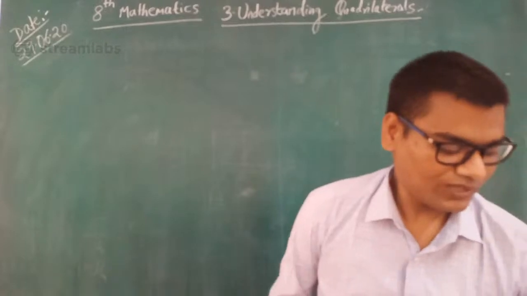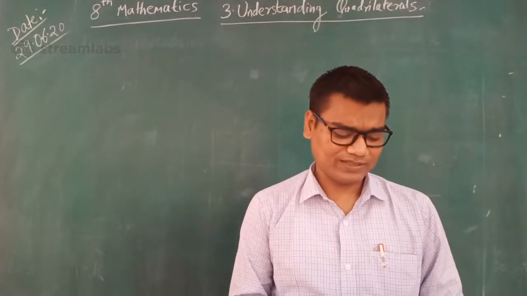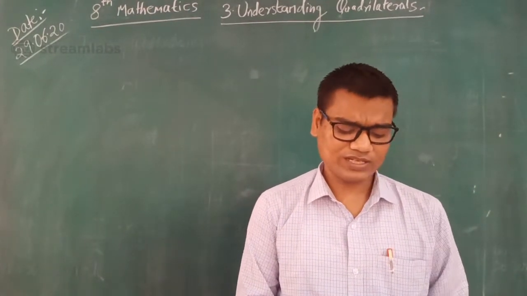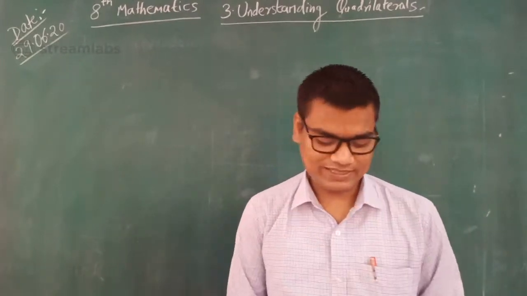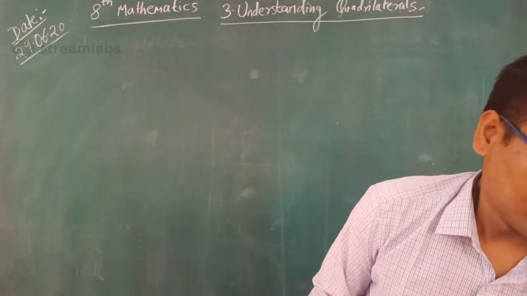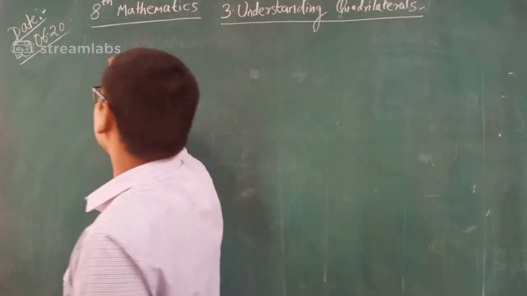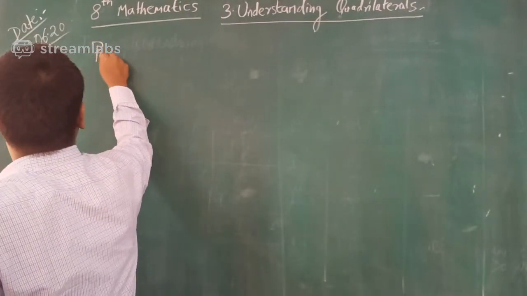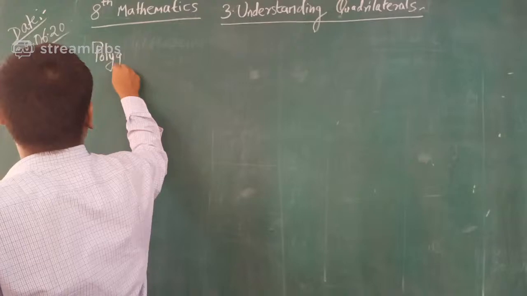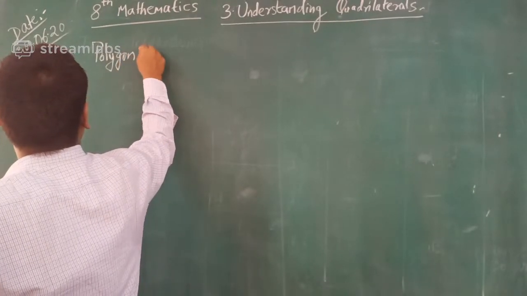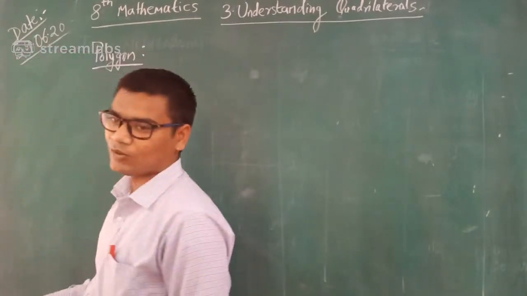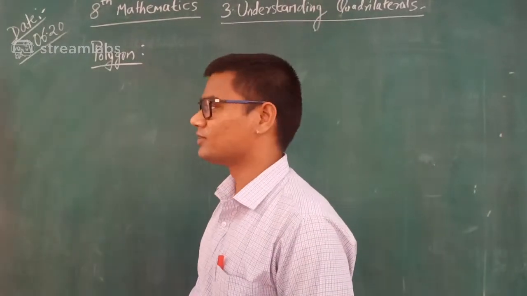A polygon is a simple closed curve made up of line segments. You can note it down in your notebook.